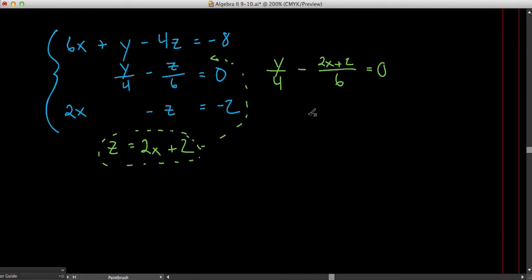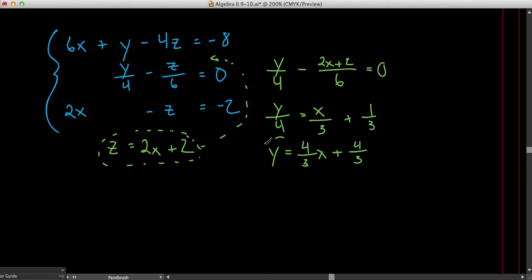So if I bring this term to the other side, I'm left with y over 4 is equal to 2x plus 2 over 6, which can be separated into x over 3 plus 1/3. And then if I multiply everything by 4, I'm left with y equals 4/3 x plus 4/3.